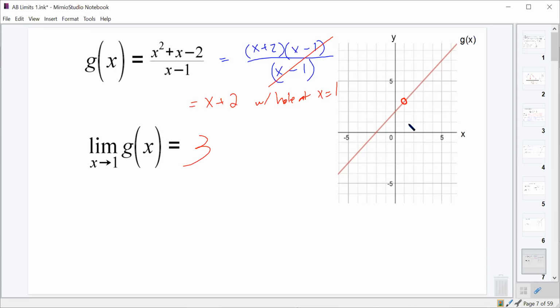Yes, I just have to pick something very, very close to 1, just to the right of 1. So it doesn't matter that the point doesn't exist there on the graph. Everybody good with that? Wonderful.